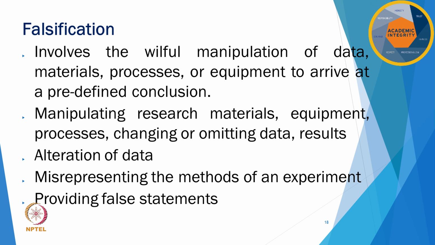So alteration of data or falsification of dates and experimental procedures, misinterpretation of results from statistical analysis, and misrepresentation of methods of experiment, such as the model used to conduct the experiment, are all examples of falsification.